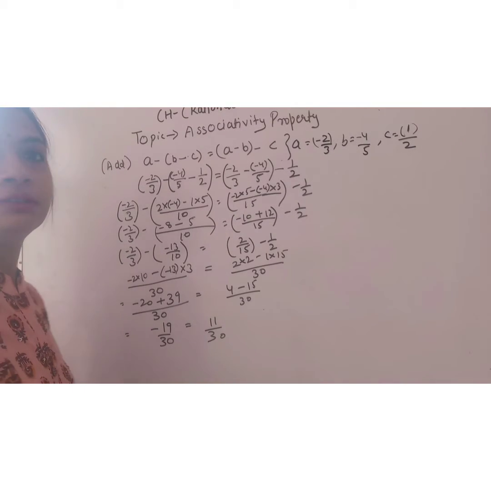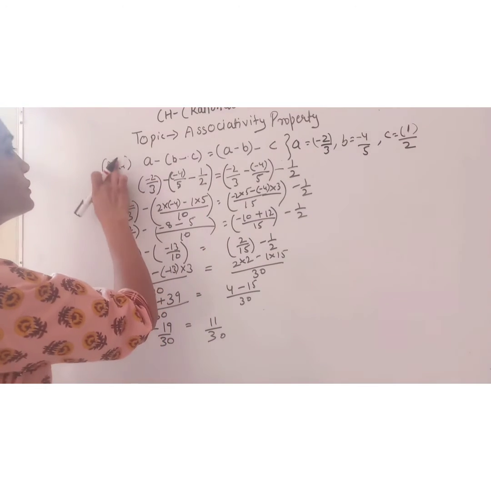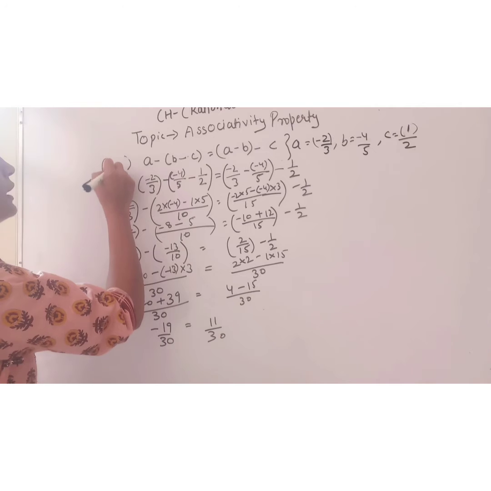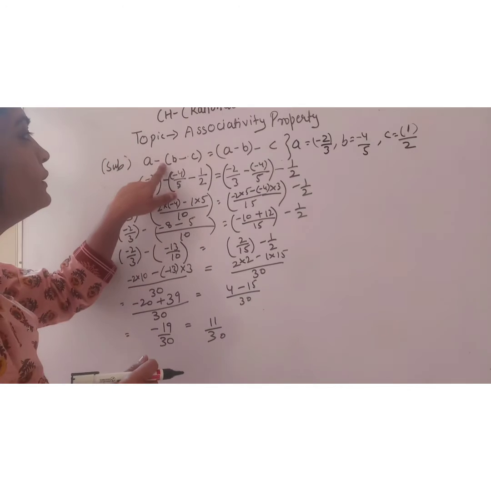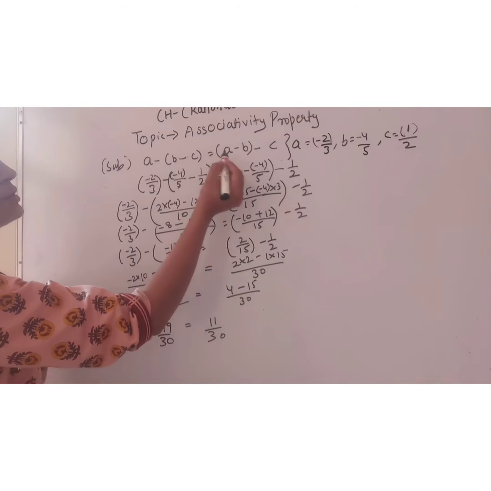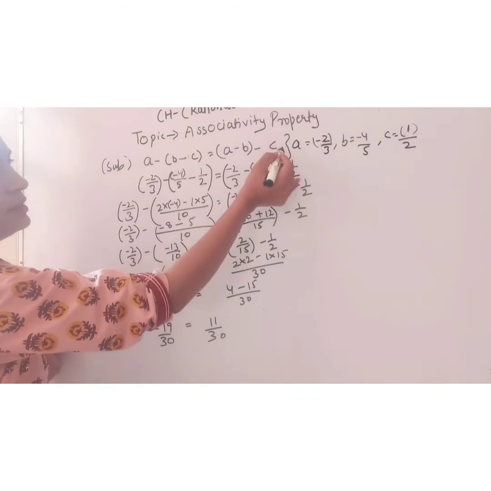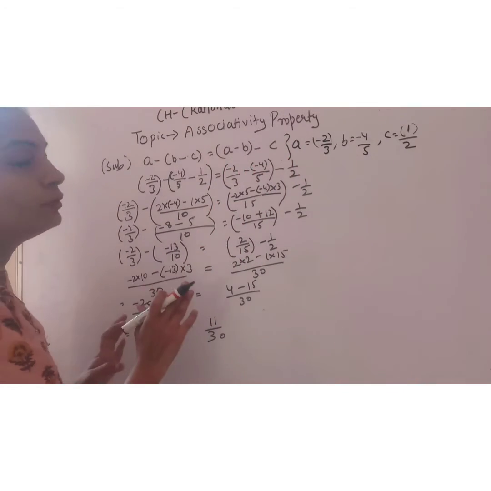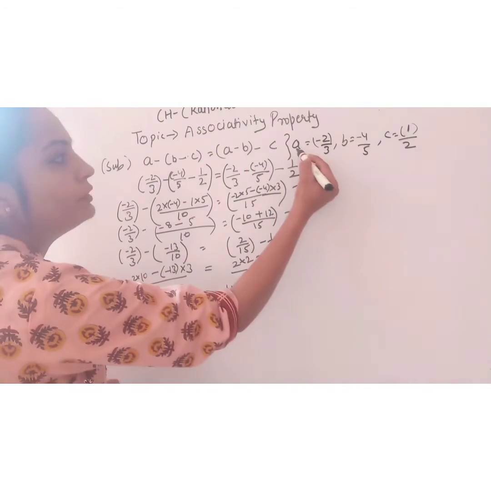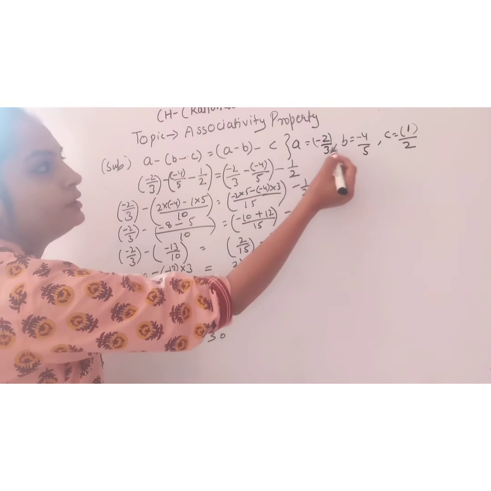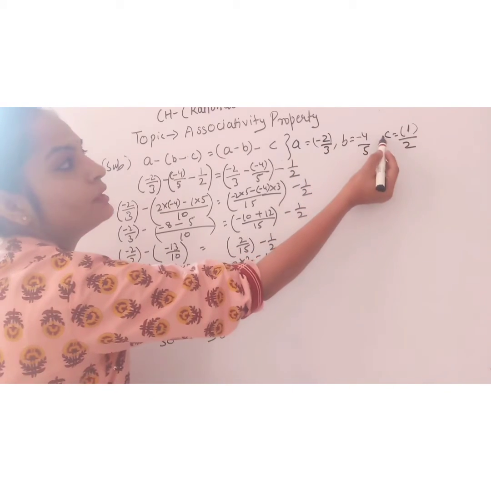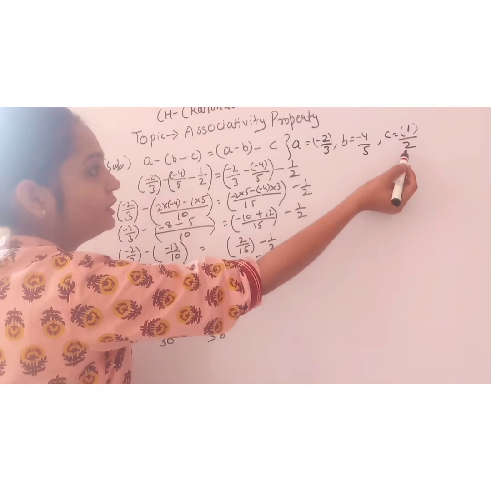Now let's check for subtraction. Students, let's discuss subtraction now. In subtraction, what we can say is that (A − B) − C is equal to A − (B − C). Now we solve a question in which I am taking A as minus 2 by 3, B as minus 4 by 5, and C equals minus 1 by 2.